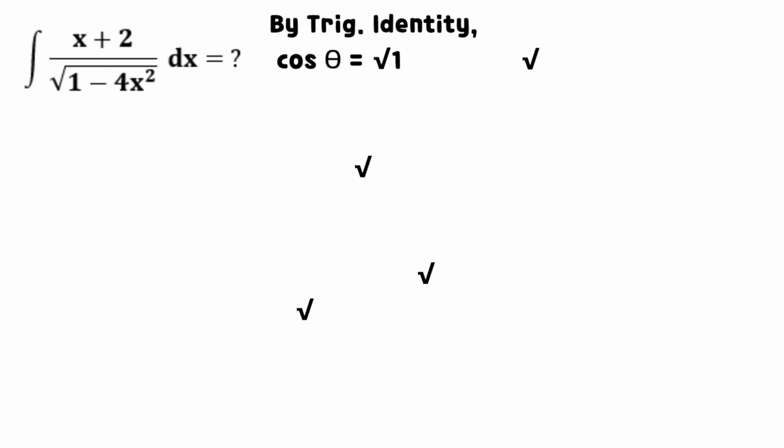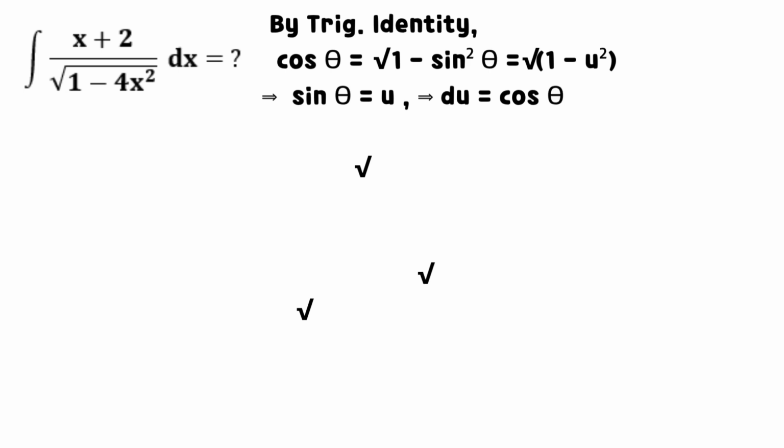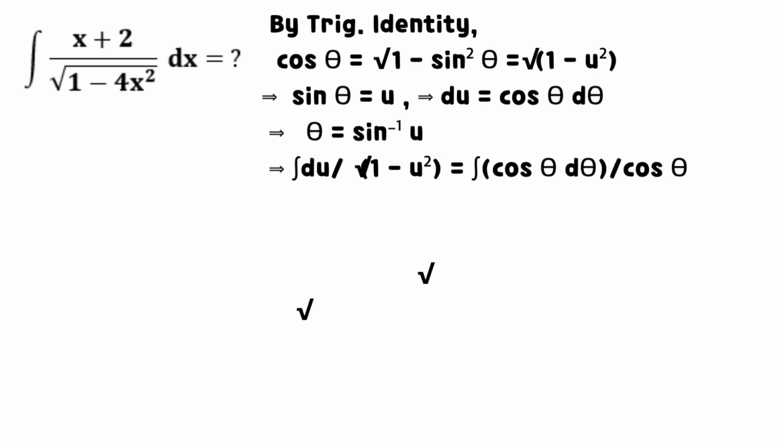By trigonometric identity, cosine theta equals the square root of 1 minus sine squared theta, which equals the square root of 1 minus u². It implies that sine theta equals u. Hence, du equals cosine theta d theta.